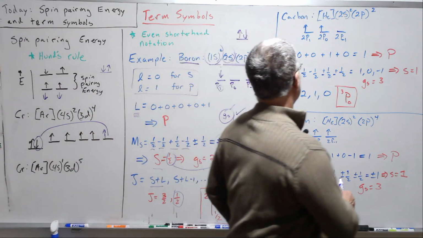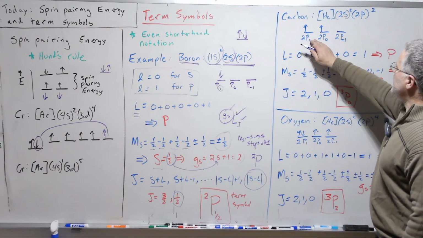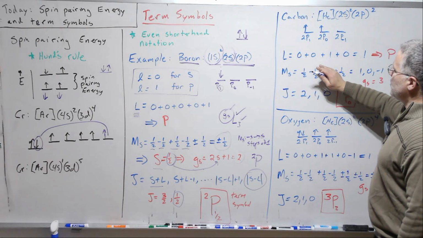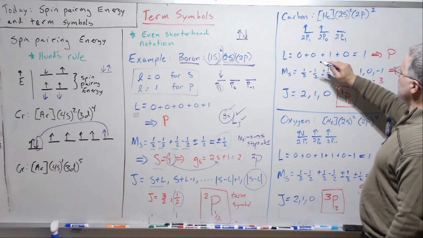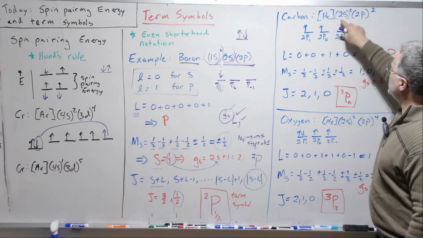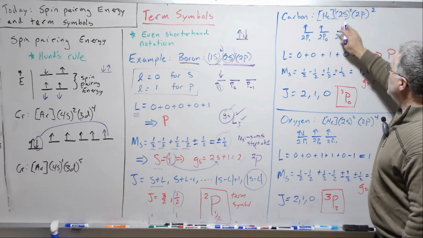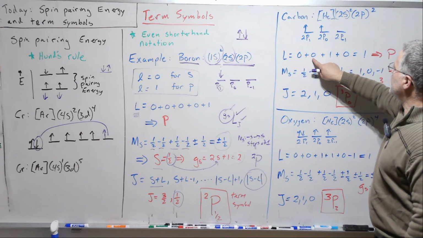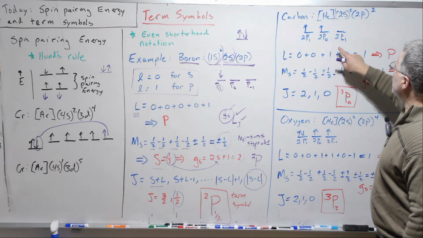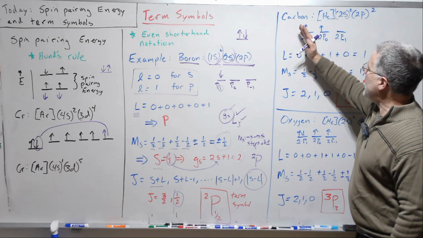So let's look at carbon here. Carbon's the next one over. So now we have 2 p's. So I'll go a little bit faster through this. The S's, I need only worry about the valence shell. So that's one thing that can speed things up. The S's, 0, 0, because S is 0. And then I've pushed my p's over as far as I can, obeying Hund's rule.